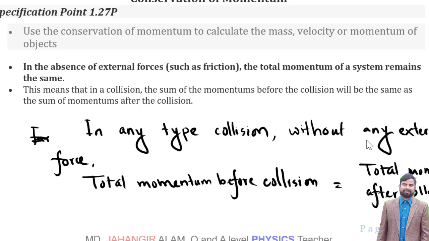Very important concept. That means in any type of collision without any external force, total momentum, that means the sum of momentum before collision, is equal to the sum of momentum after collision.